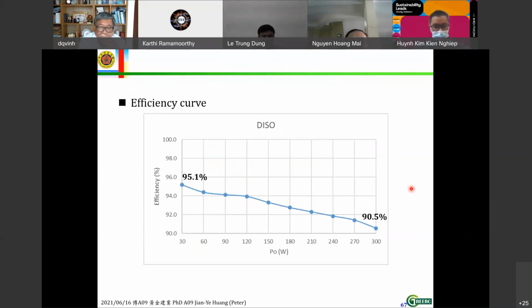This is the efficiency curve of the diesel mode. The highest efficiency happens at the very light load condition, which is 95.1%, and the full load efficiency is 90.5%.